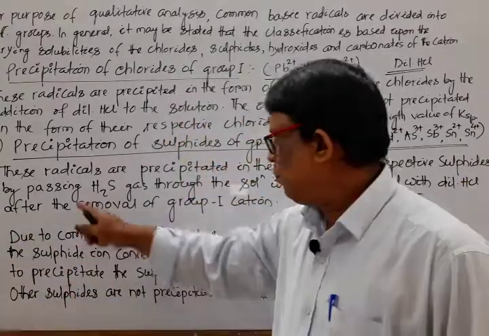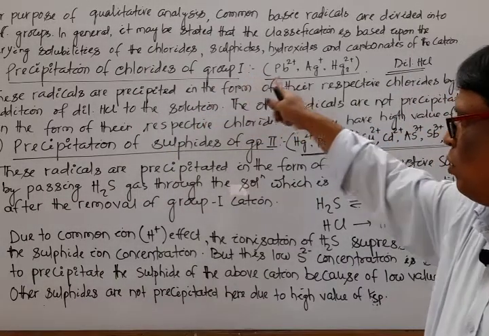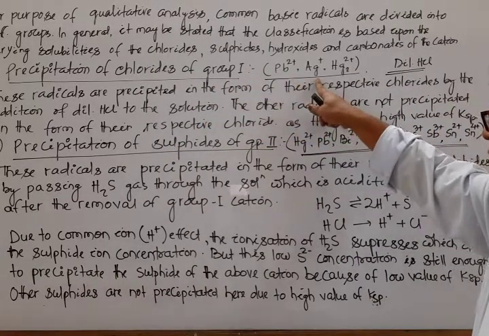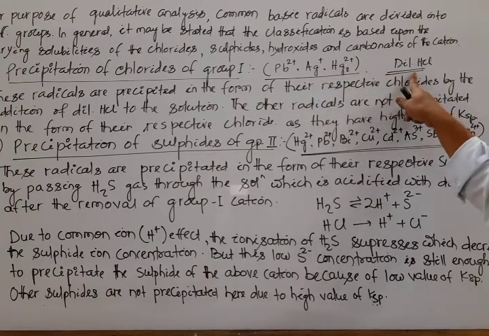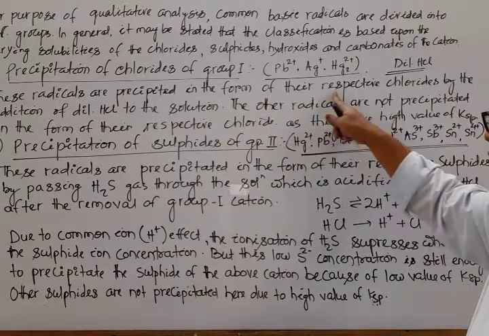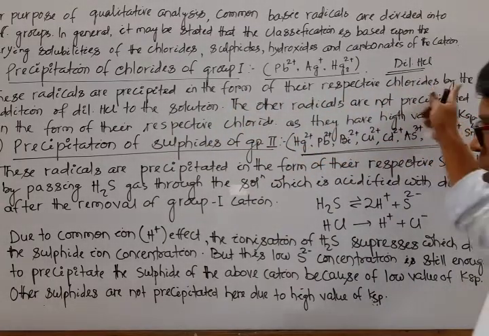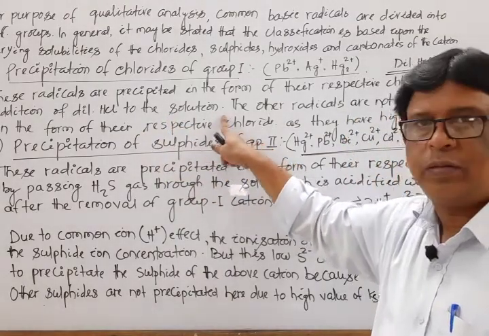Mark that. First we discuss precipitation of chlorides of group 1. Group 1 is Pb2+, Ag+, Hg2 2+. The group reagent is dilute HCl. These radicals are precipitated in the form of their respective chlorides by the addition of dilute HCl to the solution.